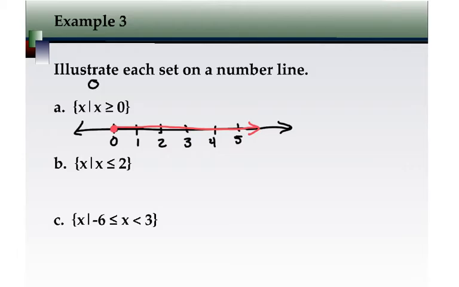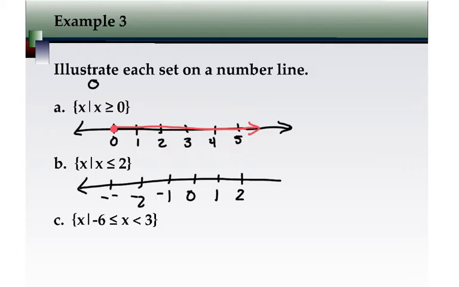Let's do the next one. So it states all values of x such that x is less than or equal to 2. So let's draw some numbers on a number line. I'm going to start over here. I'm going to say 2, 1, count backwards, 0, -1, -2, -3.